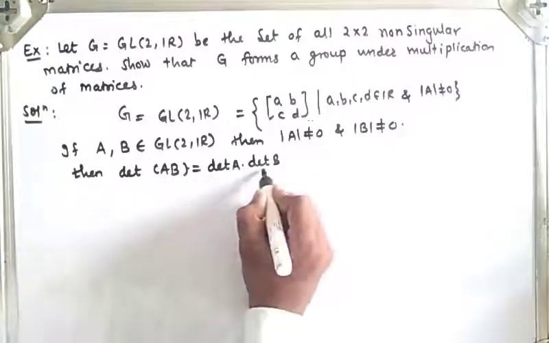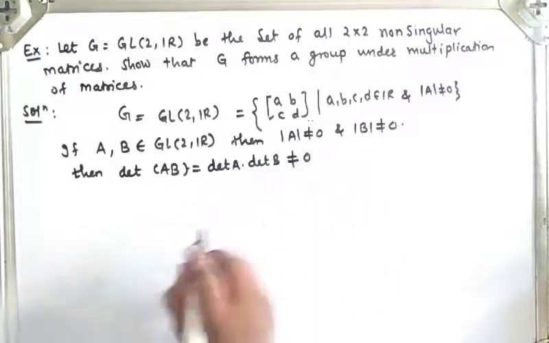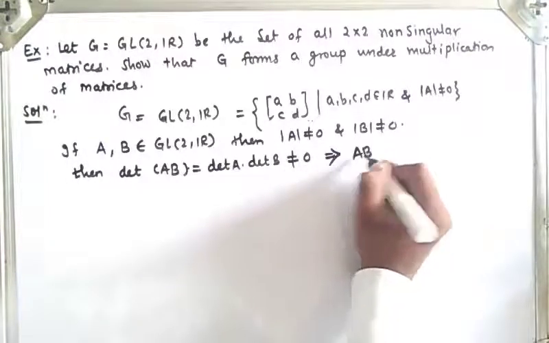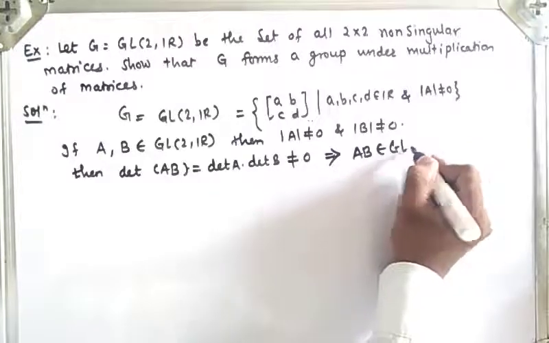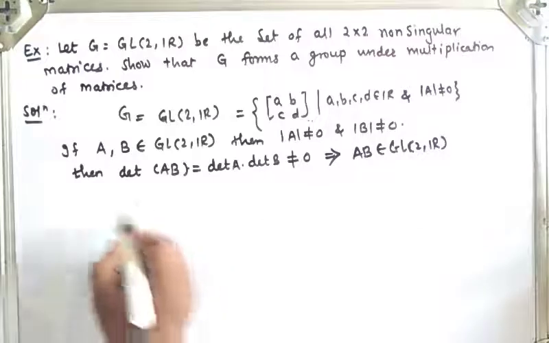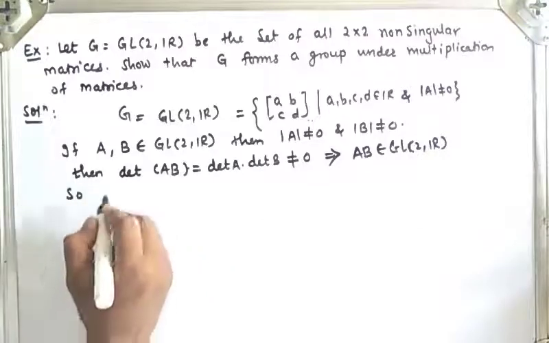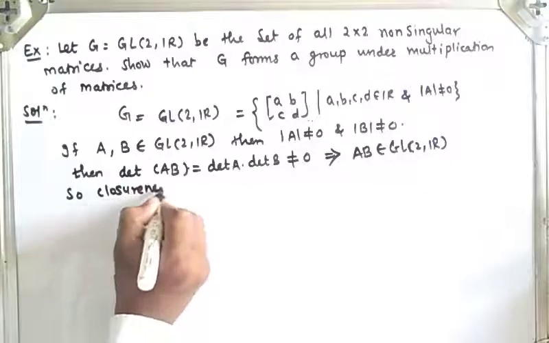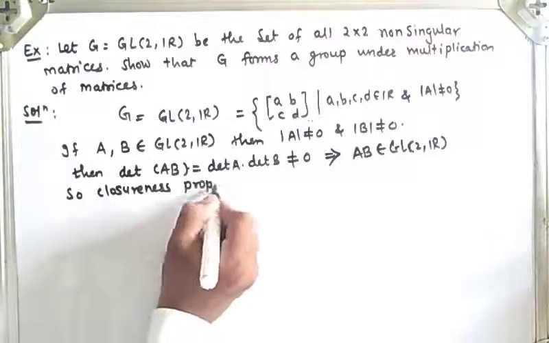Determinant A is non-zero and determinant B is non-zero, so both are non-zero. This implies that A into B also belongs to the general linear group of all 2 by 2 matrices over R, which means the closure property is satisfied.